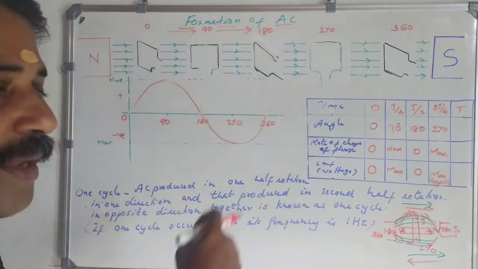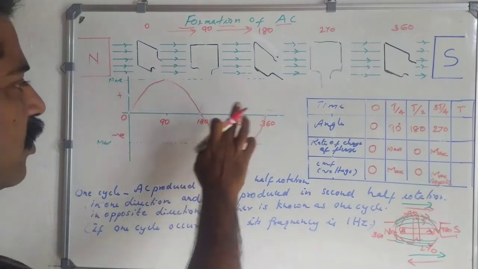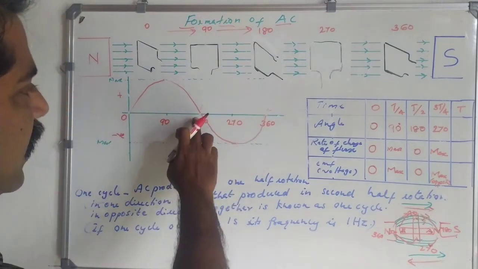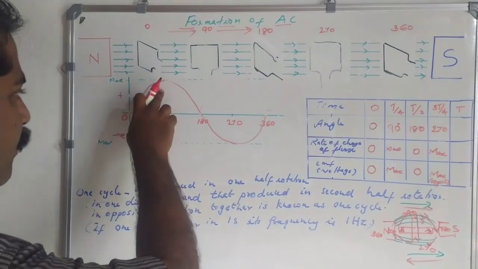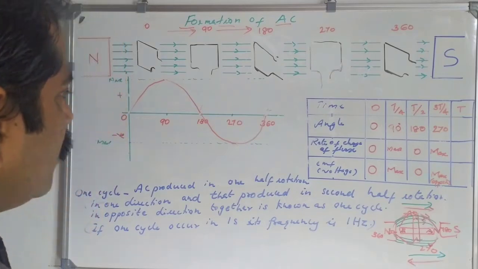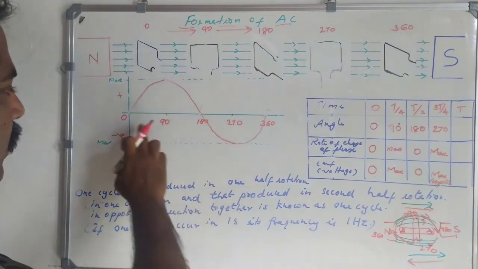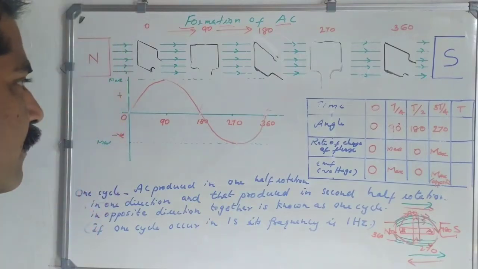When it completes one rotation, it changes its direction twice. In one complete rotation, a positive half and a negative half will be produced. 2 maximum and 2 minimum points will be obtained.